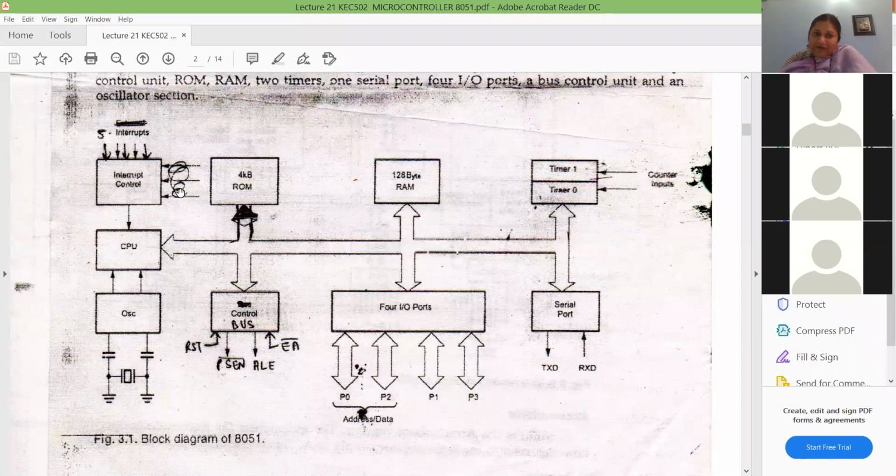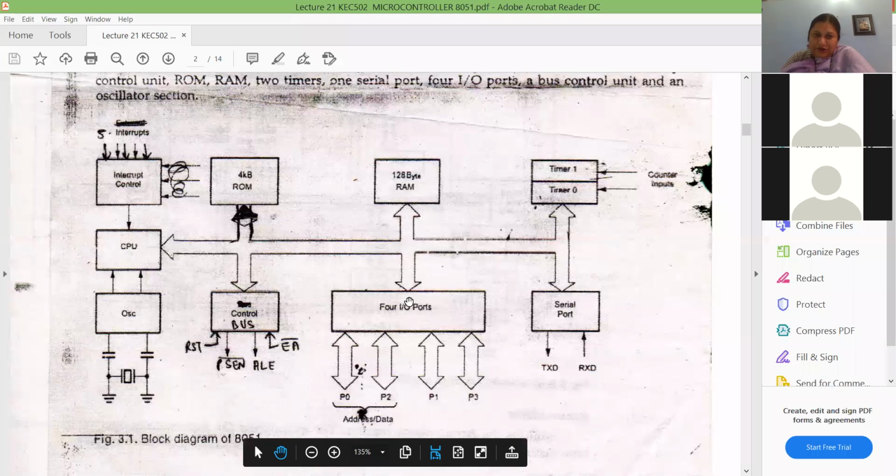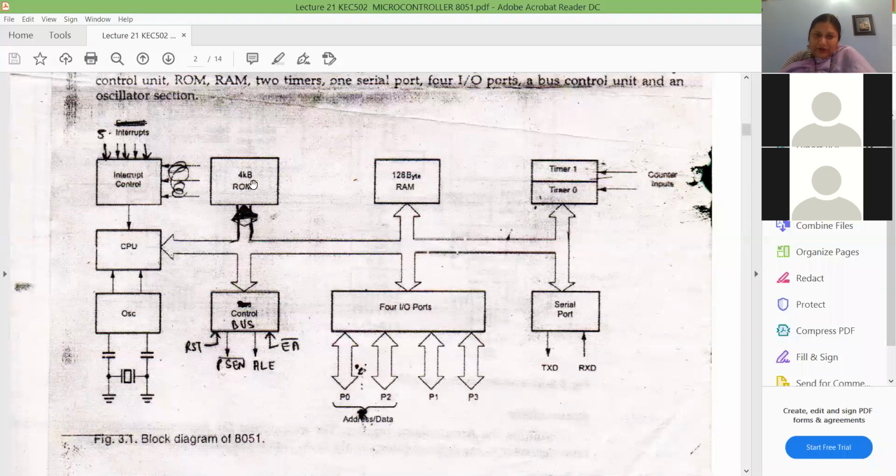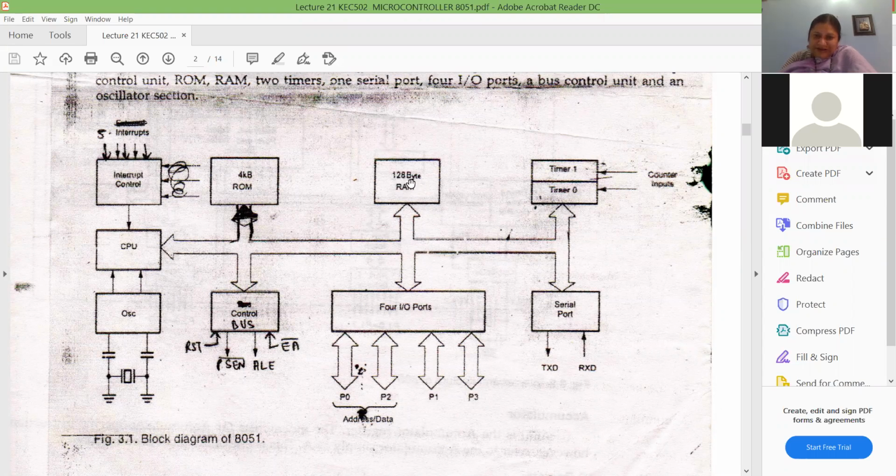We have interrupts, but we do not have all these features. But this is there in the 8051 microcontroller. You have internal ROM, read-only memory or EPROM of 4 kilobytes, and you have internal RAM for temporary storage of your data. It is 128 bytes.